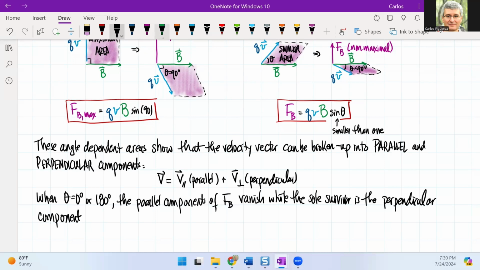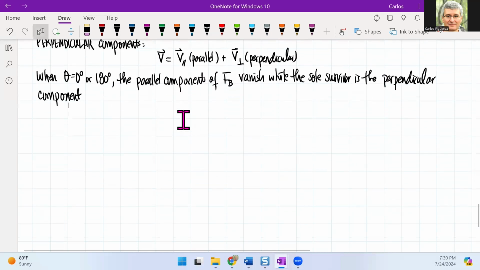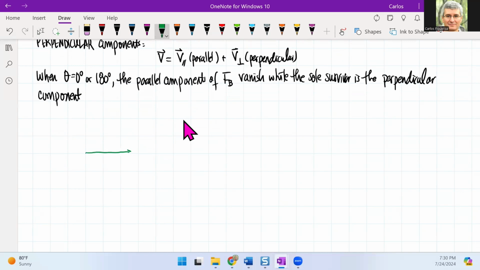So picture-wise, I imagine something like this. Remember, these velocity components are always measured relative to the reference direction of the magnetic field. So you can imagine I have a magnetic field in this direction. So here's my B field. And I'm going to say that this is always going to be the reference direction. It doesn't have to be, but it's useful to pick that.